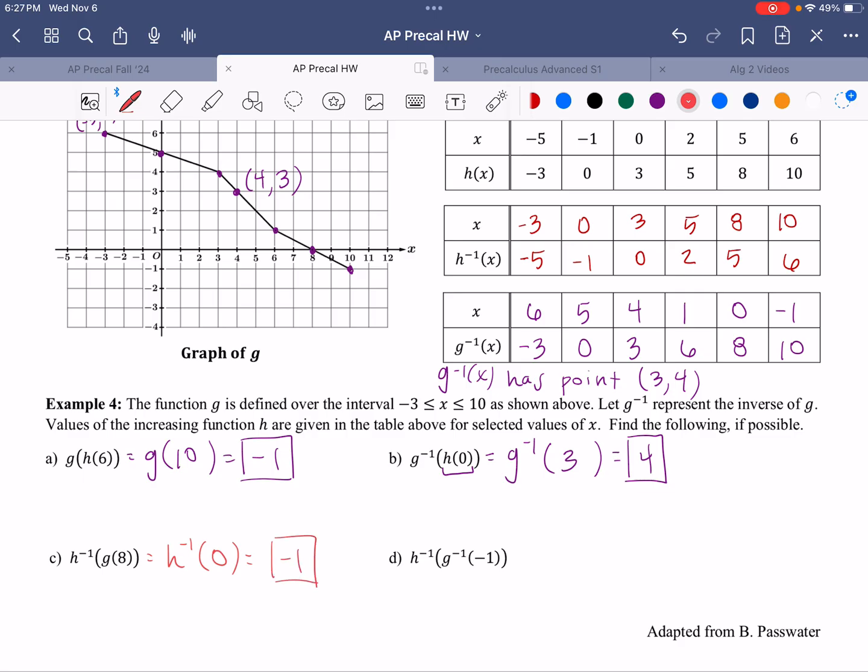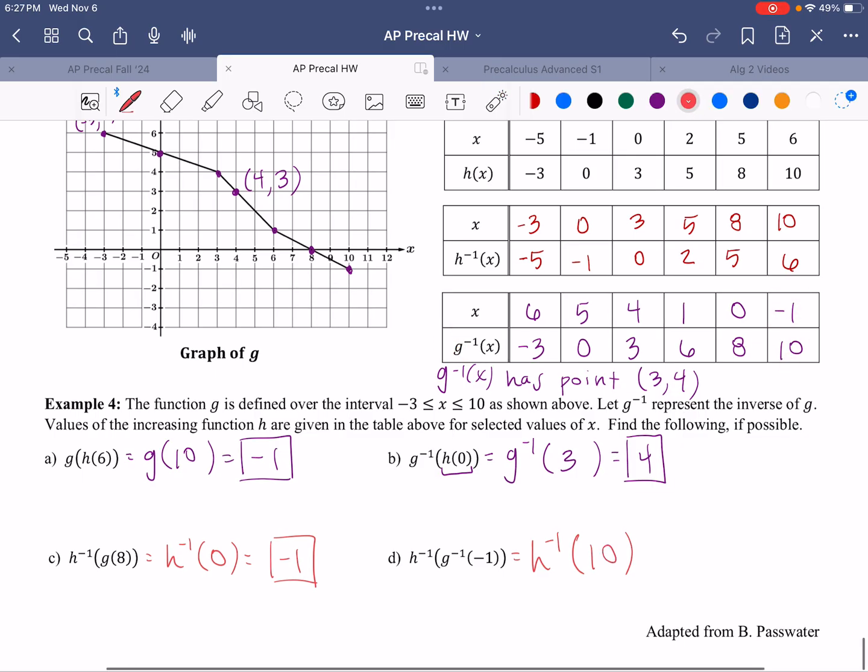And last question, the inverse of h of the inverse of g of -1. Exciting. So I'm going to look at the inverse of g of x. The input here is -1, so I'm going to get a 10. And then if 10 becomes the input on my inverse function, the output is 6.